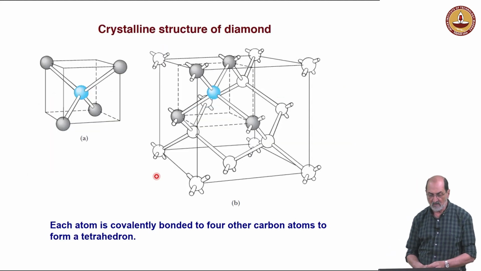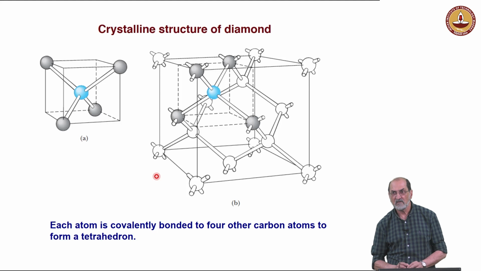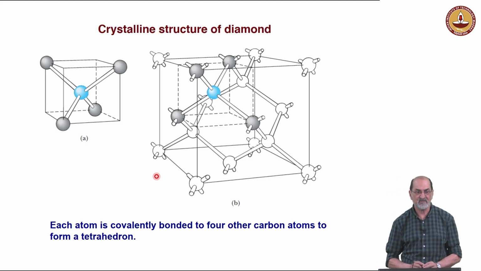Okay, here we have the structure of diamond. Diamond has sp3 hybridization.